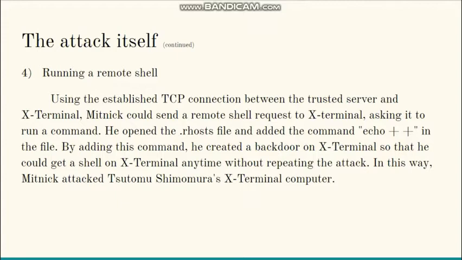Through this command, he was able to create a backdoor in the X-terminal so that he could get to the shell on the X-terminal at any time and without having to repeat this attack. So there was a permanent connection. In this way, Mitnick was able to attack Shimomura's computer and create a connection that would last until it was found, and thus download all of Shimomura's tools and data.